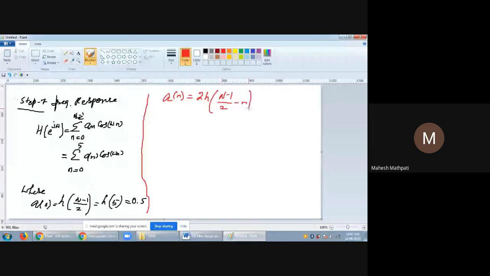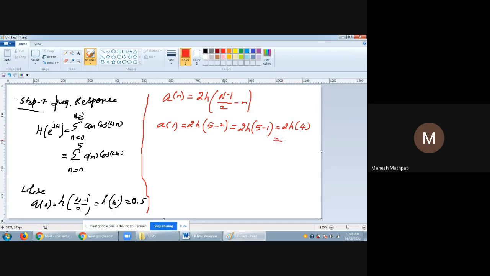Now, if I want to calculate the value of A of 1, what will I write? 2 into h, so this n minus 1 by 2, let me write it as 5 minus n, or simply this can be written as 2 into h of 5 minus 1, which will be equal to 2 into h of 4.